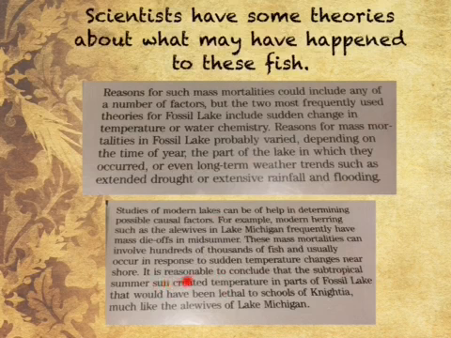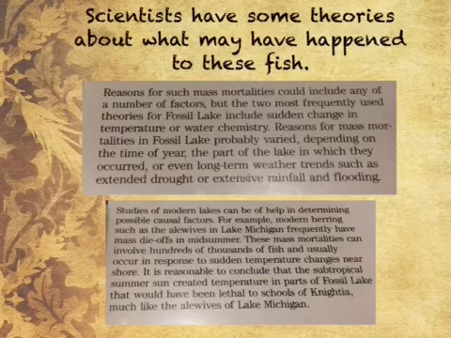It is reasonable to conclude that the subtropical summer sun created temperature in parts of Fossil Lake that would have been lethal to the schools of Nidia fish, much like the alewives of Lake Michigan. So you can see scientists compare modern-day events and use that to predict past events and use it with the fossil records.